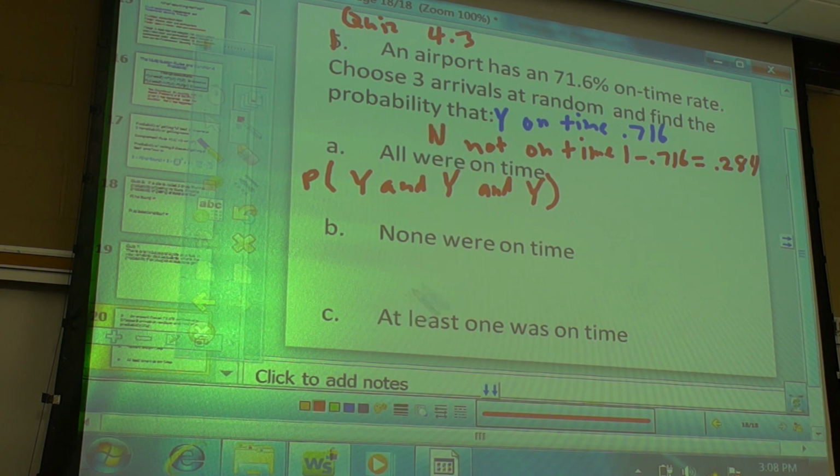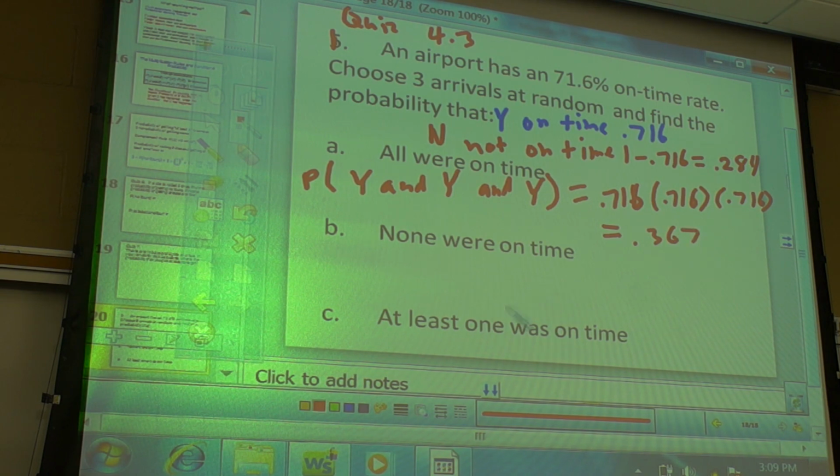Can I shorten them to that? So yes and yes and yes is going to be probability of yes, 0.716, multiplied by itself 3 times. What did you guys get for that? 0.367? Yeah.